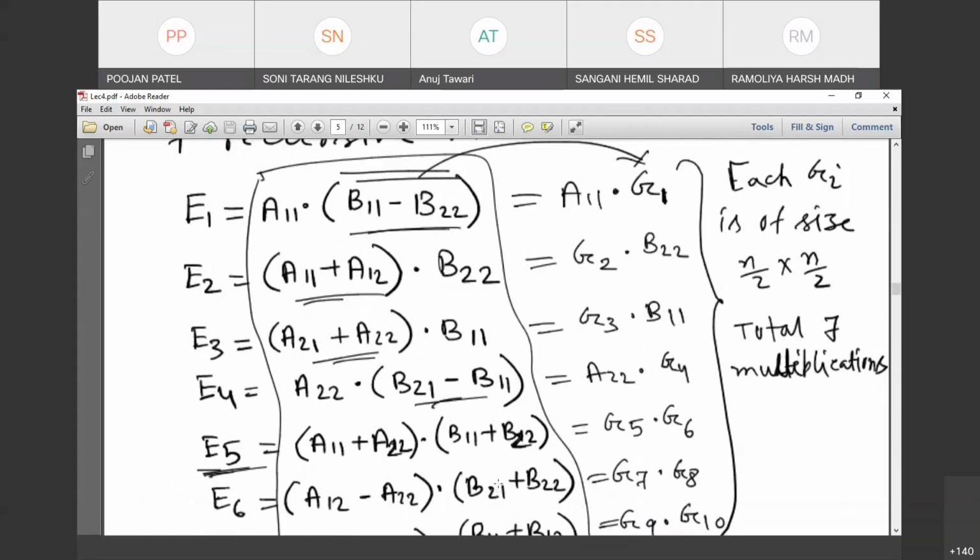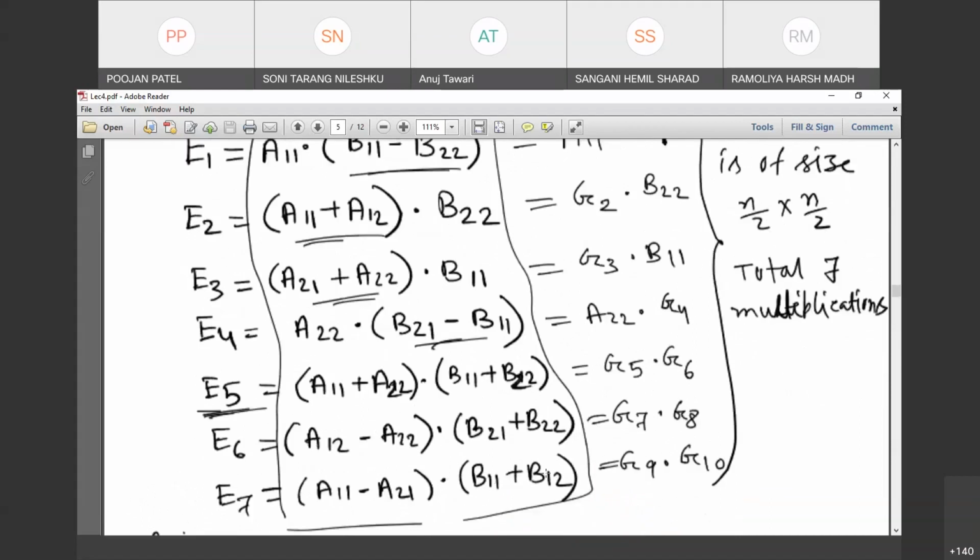But overall, the point is that there are only a constant number of additions of matrices. For each step, not the same number of additions. Like here you need to add two different n by 2 cross n by 2 matrices. Here you need just one addition.